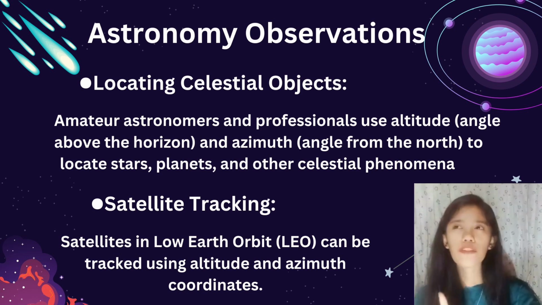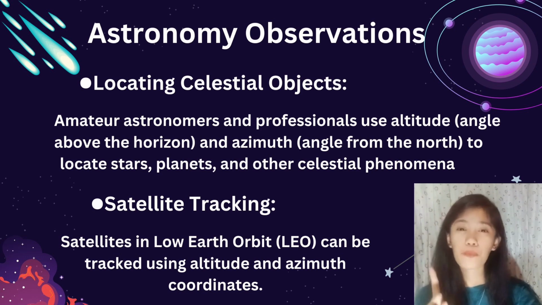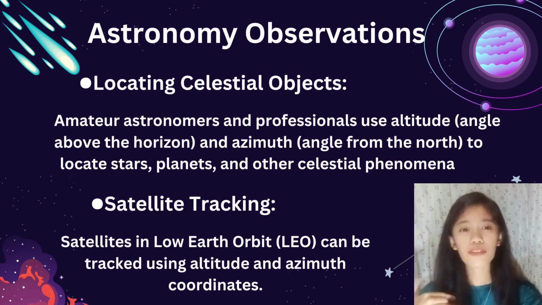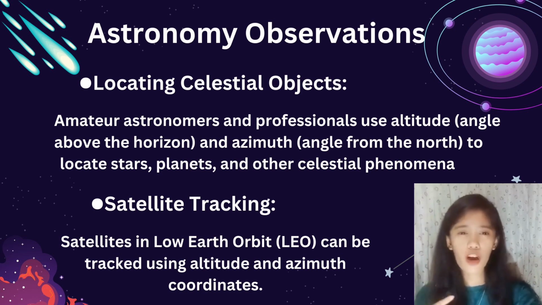And then one thing, they have what they call predictive models. So software and mobile applications leverage the TLEs to calculate the altitude and azimuth of a satellite at any given time, allowing users to see when and where a satellite will be visible in their local sky.